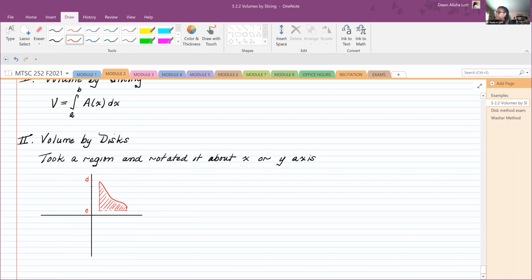Oh, nope. I have to make it go all the way to the edge because we don't know how to do that yet. So let's make it go all the way to the edge. So this is my region and I revolved it.